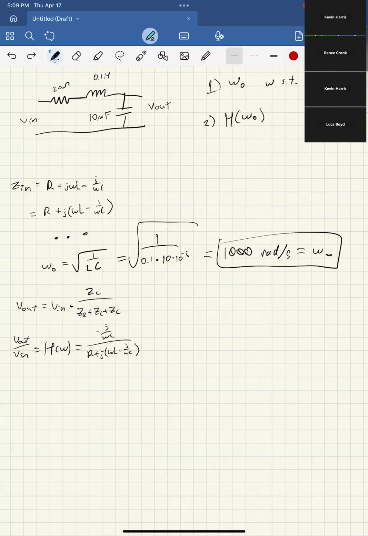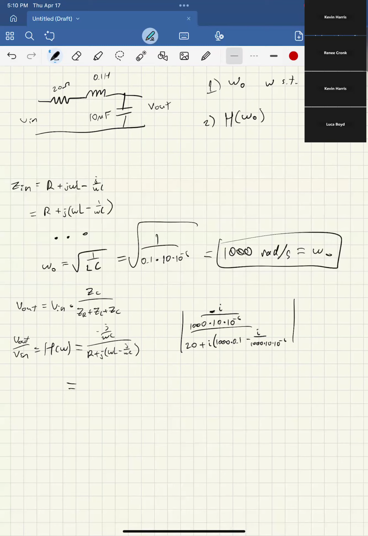Assuming you have a TI-84, you can do the absolute value on your calculator, and you can put in negative i over 1,000 times 10 to the negative 6 over 20 plus i times 1,000 times 0.1 minus i over 1,000 times 10 to the negative 6. And this will get you an answer.